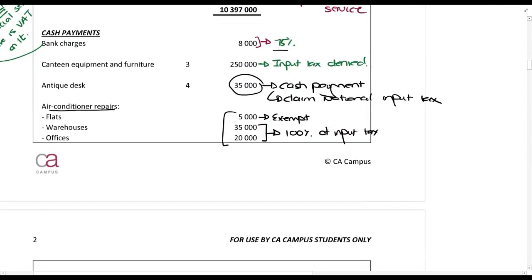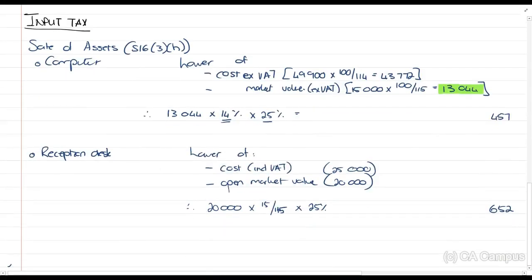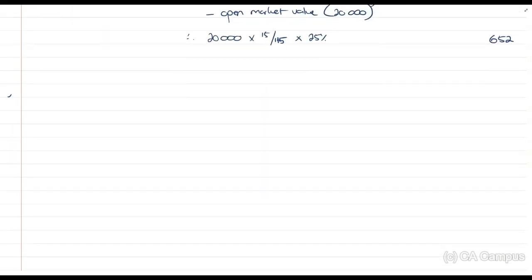Okay, so now we go to our cash payment side. We start with the bank charges. We could claim 75% of those bank charges. So input tax, make sure you see we are now looking at input tax. So here's our bank charges. 8,000.